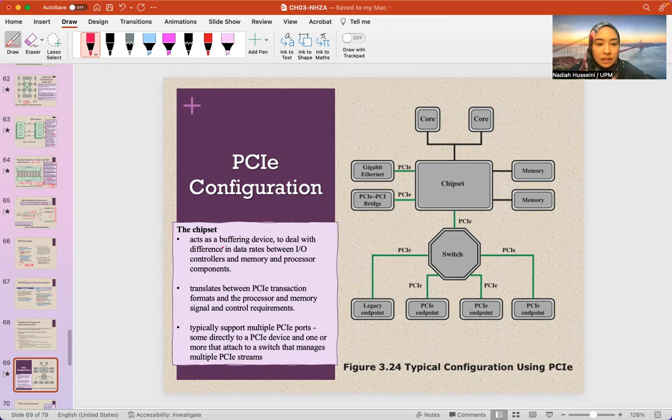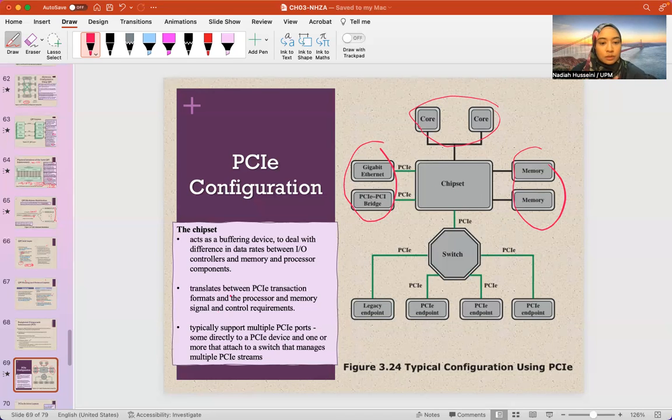Okay, so the chipset acts as a buffering device to deal with the difference in data rates between the I/O controllers and the memory and processor components. These guys speak a different language, and these guys speak a different language. So the chipset helps with synchronization.